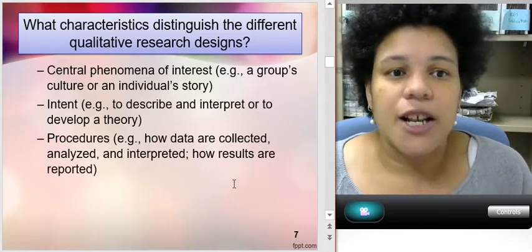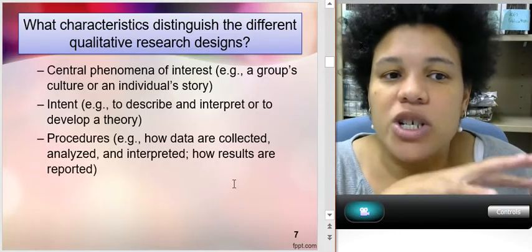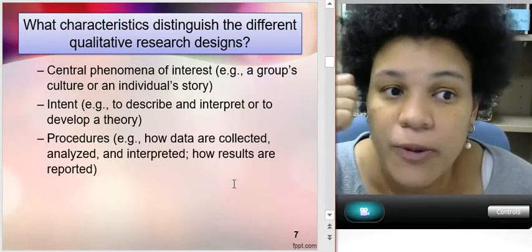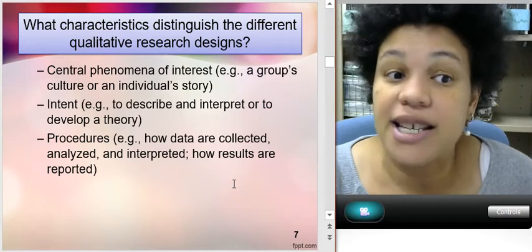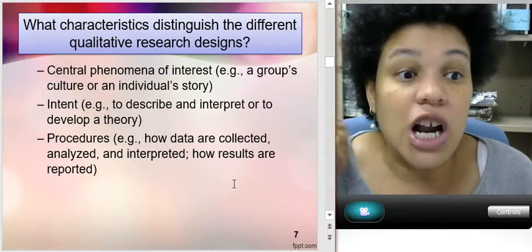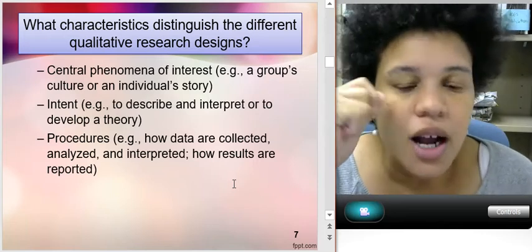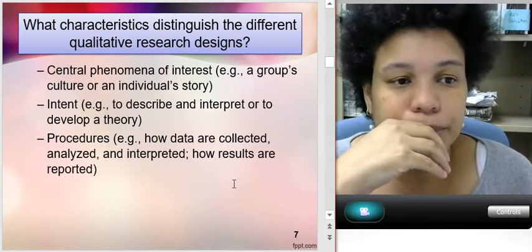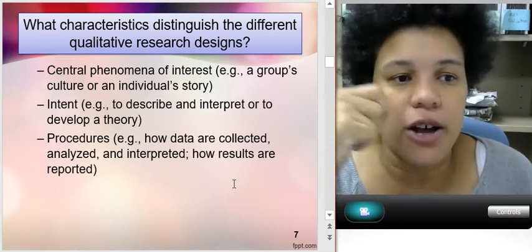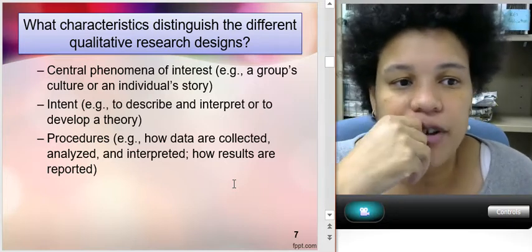So slide 7. What characteristics distinguish the different qualitative research designs? First of all, the central phenomenon of interest. Okay, are we talking about a group's culture? Are we talking about an individual story? Are we talking about an organizational unit? What's the central phenomenon of interest?